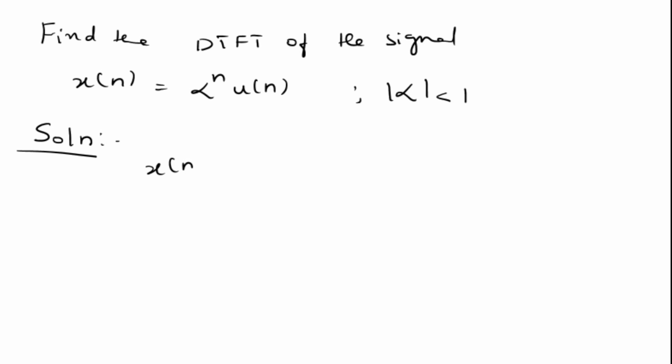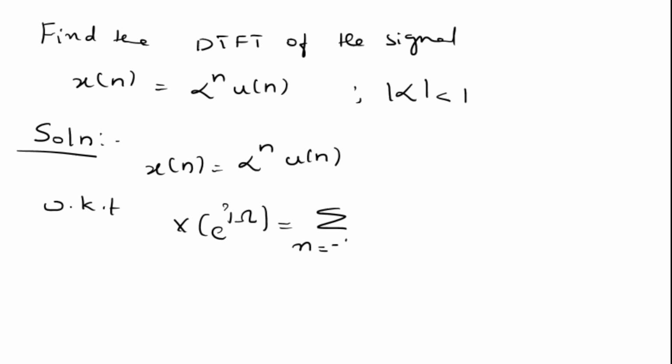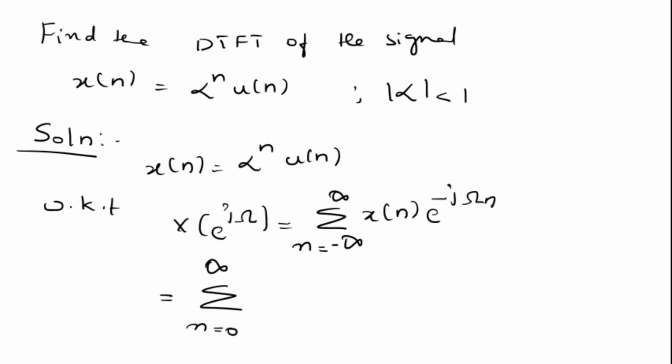It is given x of n is equal to alpha to the power n into u of n, and we know that X of e power j omega is equal to summation n is equal to minus infinity to infinity x of n into e power minus j omega n, which is equal to summation n is equal to 0 to infinity alpha to the power n into e power minus j omega n, which is equal to summation n is equal to 0 to infinity alpha into e power minus j omega to the power n.